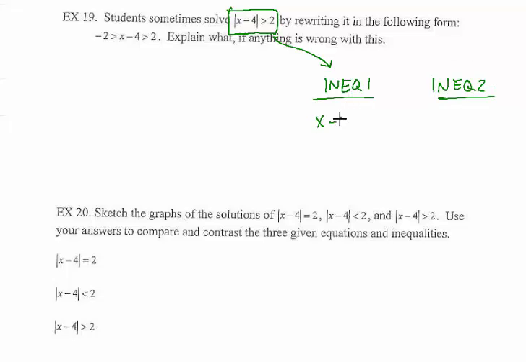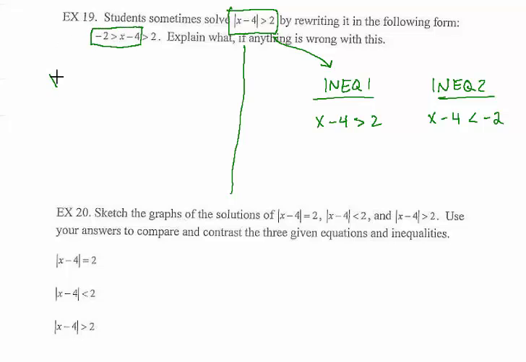One of them would be x minus 4 greater than 2, and the other one would be x minus 4 less than negative 2. If we compare these two inequalities to this compound inequality, then we can break this compound up into two inequalities likewise.